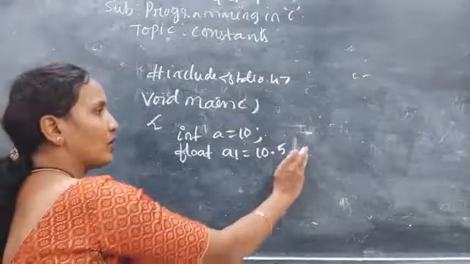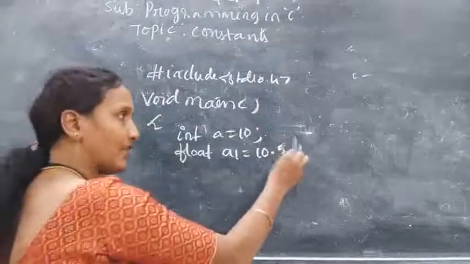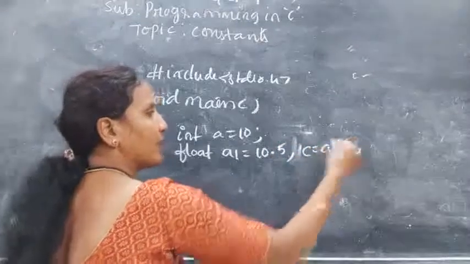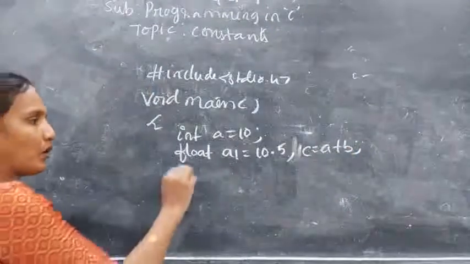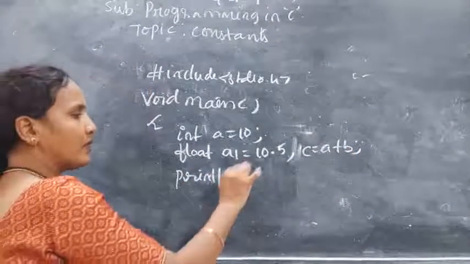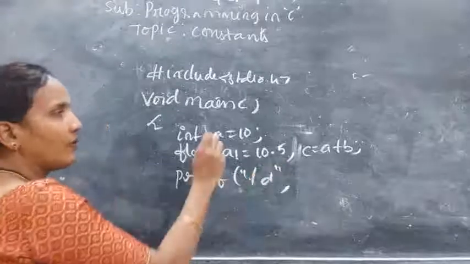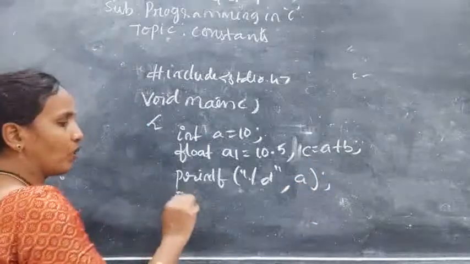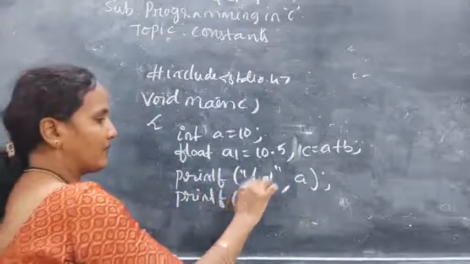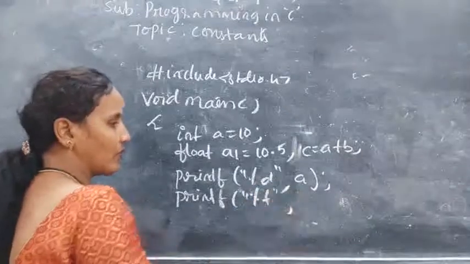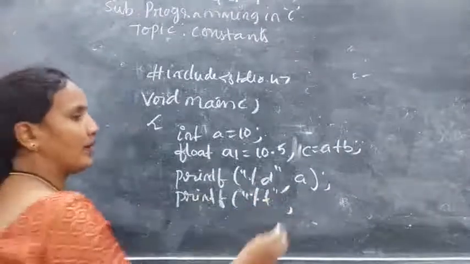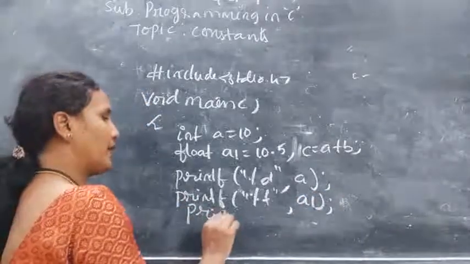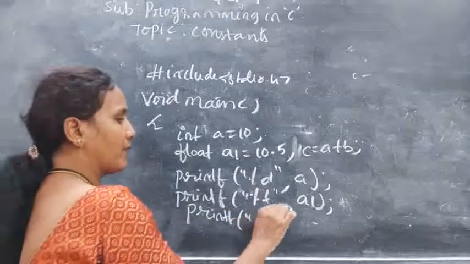If more than one variable is of the same data type, you can separate them using a comma. Float c equals a plus b. Now I am printing. The output statement is the printf statement. %d for a, because the first one is an integer. The next one is a float, so I am using %f for b. And c is also of type float, so printf %f, c.